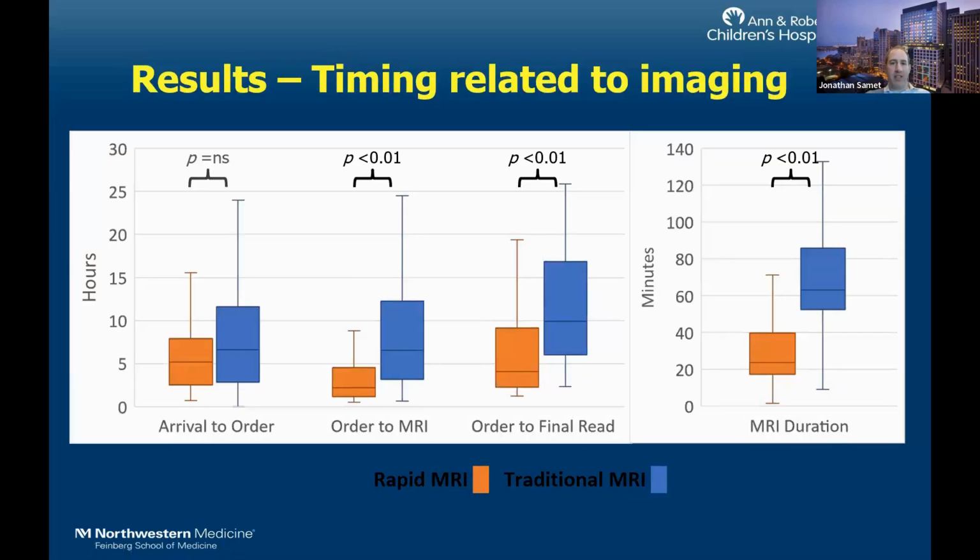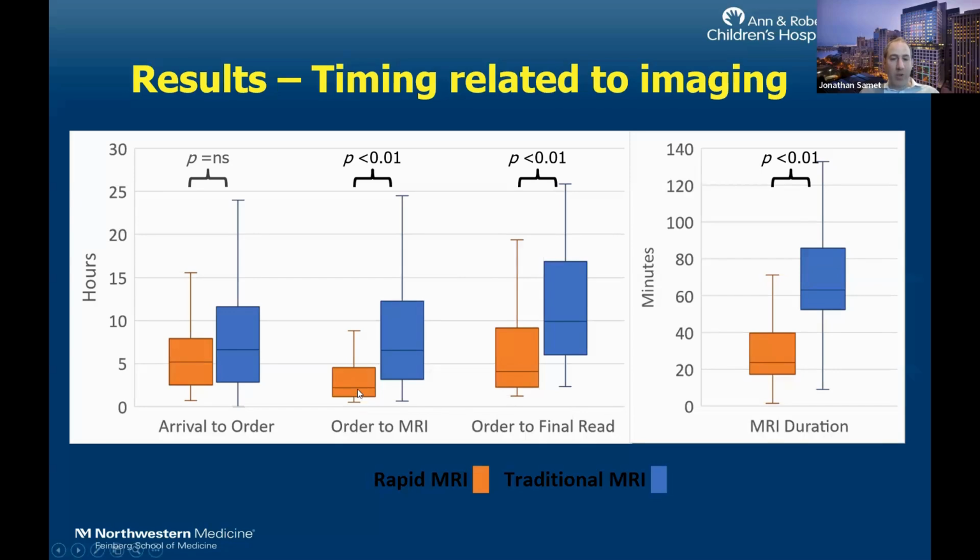Let's look at some of the data. So this is related to the timing of the MRI. And what you can see here, the more important information is here. So the one that was statistically significant, the rapid MRI is in orange and the traditional is in blue, okay? So when you order the test to when you actually go in the scanner, rapid is much faster because they don't have to wait for placing an IV for the anesthesia team, right?